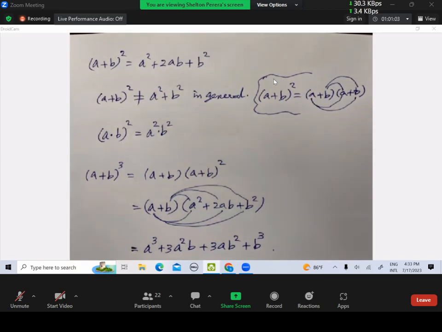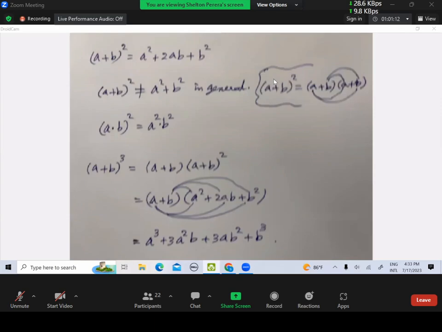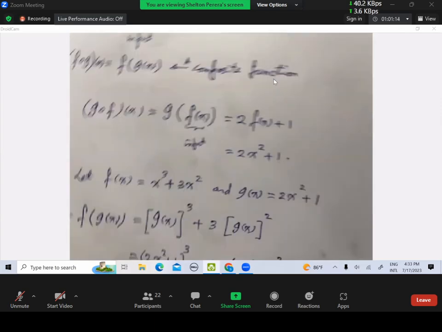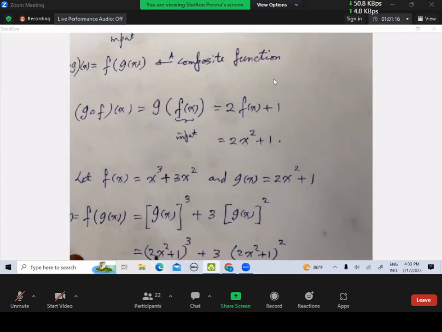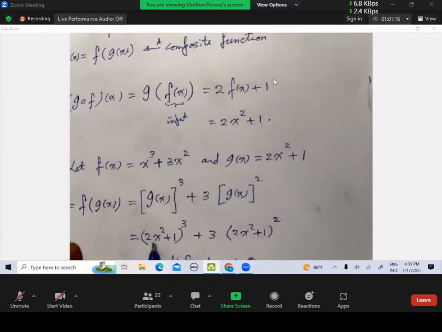If you doubt, all you have to do is multiply out and see whether you can come up with this expression. Okay? So, using that, you can simplify this. This is like a plus b cubed.